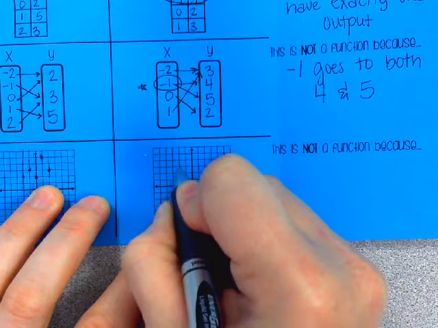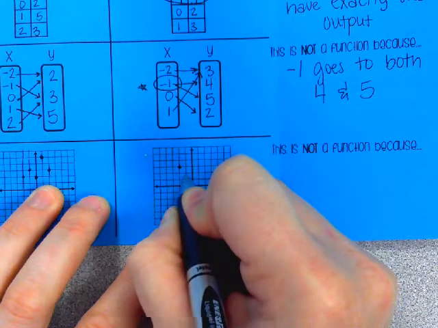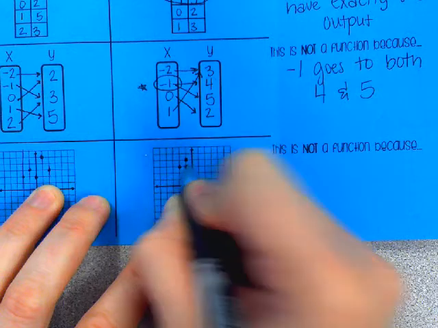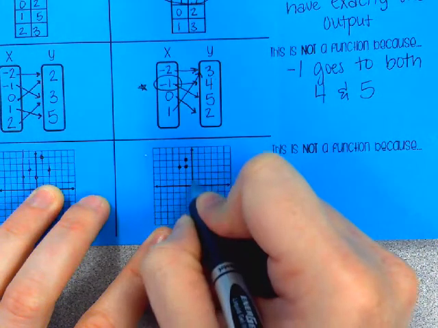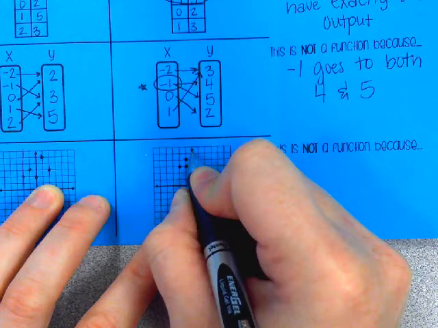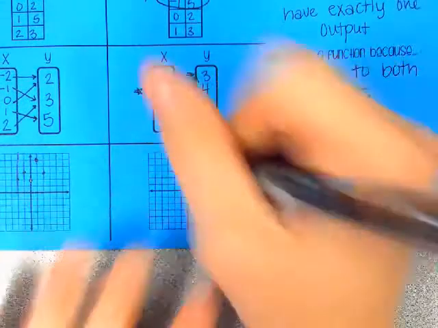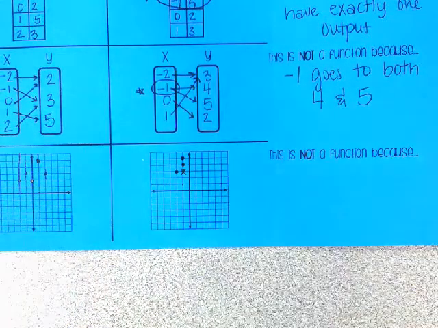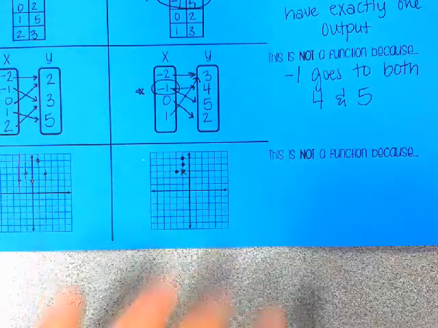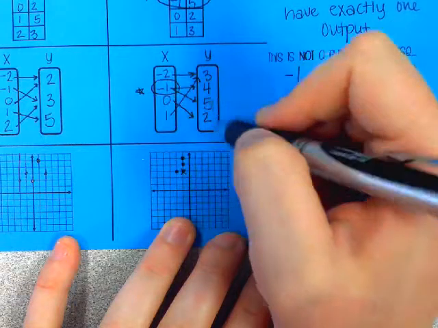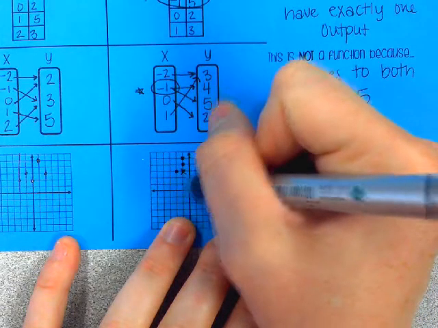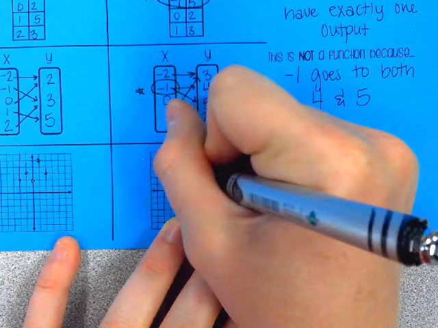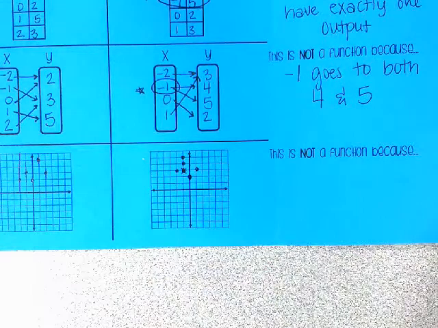Okay, and then this last one, the graph. -2, 3, -1, 4, -1, 5, 0, 2, 1, 3. Oops, hold on. This one is wrong, sorry. That's the correct point. So -1, 5, 0, 2, and 1, 3. Sorry, that point right there is wrong.